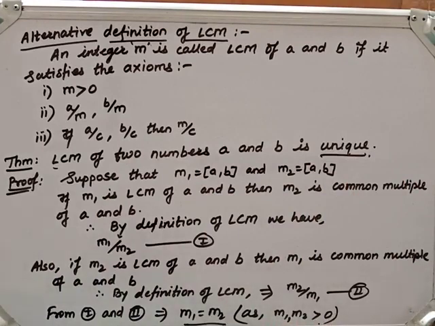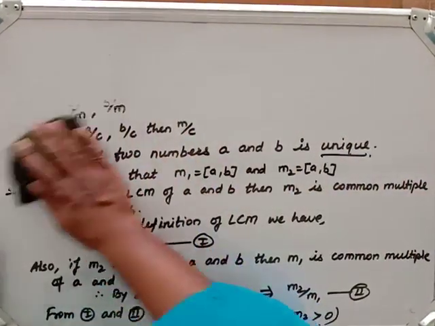Now the next theorem is about the relationship between two integers, their GCD and the LCM of them. So let us see that theorem.